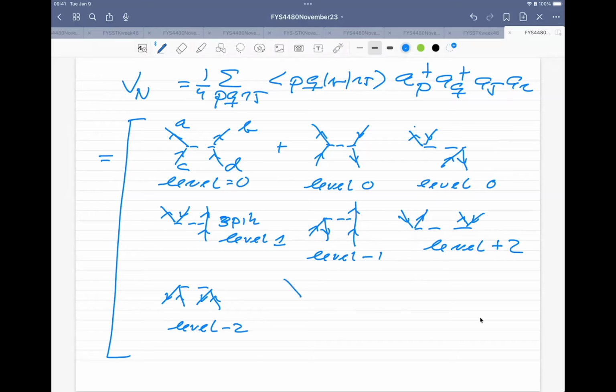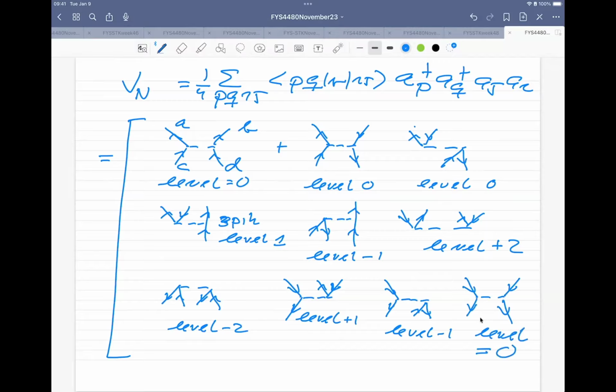And then we can continue with this one, where I then create a particle hole state. So this is a level +1. And then I will have a hole state here. And this is a level -1. And finally, I would have the two hole state here, coming in and leaving. So this is a level equal to 0.